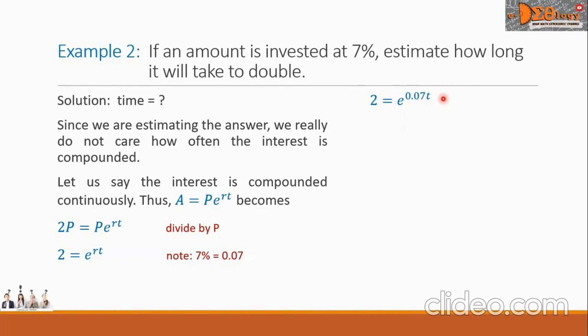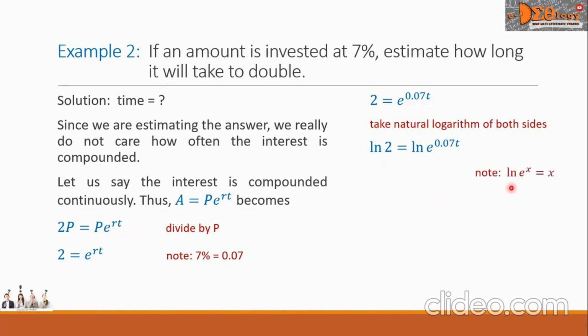To solve for t, what we're going to do is to take the natural logarithm of both sides. So we will write ln of 2 equals the ln of this e raised to that product 0.07 times t.